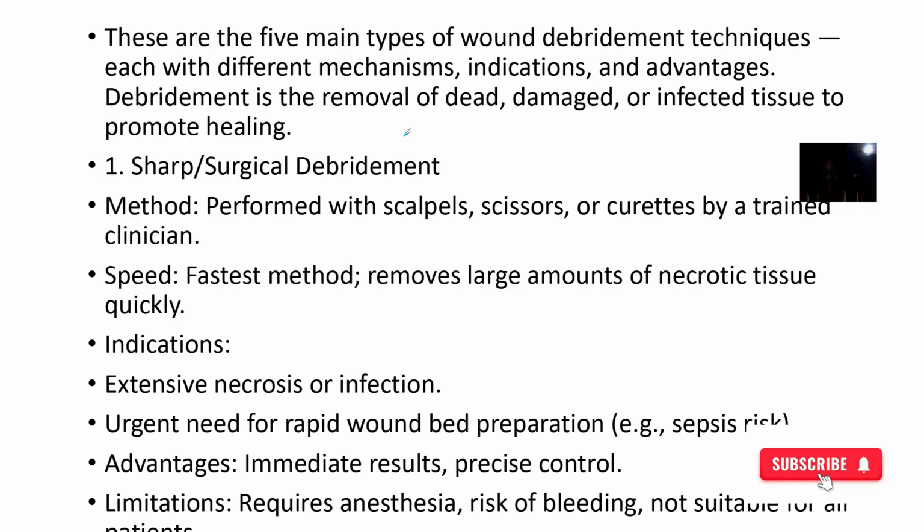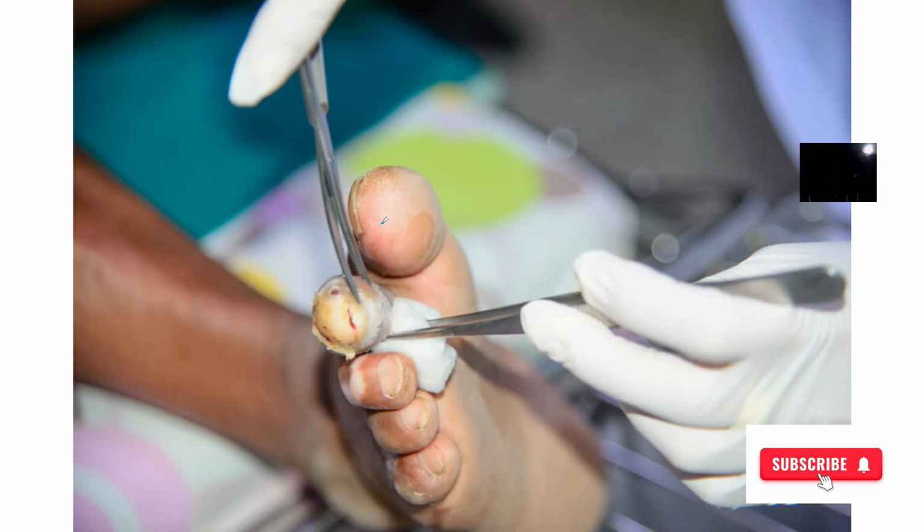So in general, we're talking about the types of wound debridement techniques. Debridement is basically the removal of tissues that have been damaged or probably infected. They cannot be revived, so you just have to take them out. The sharp surgical debridement is usually performed with a scalpel, scissors or curettes, usually by trained personnel.